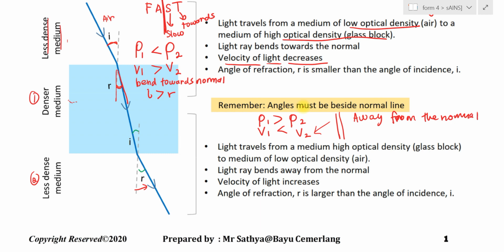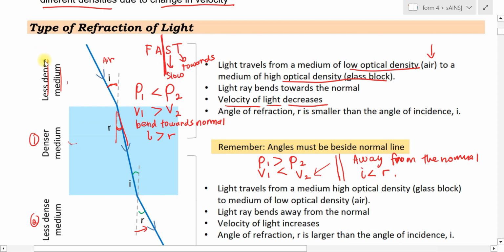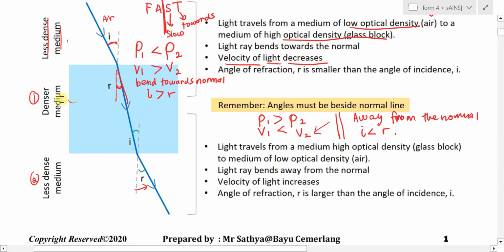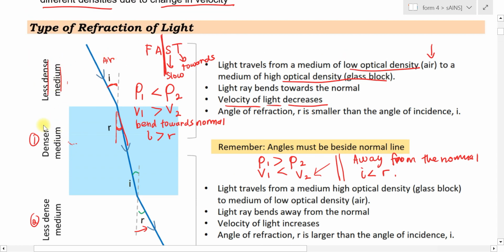And then, so your I is actually smaller than the R. Okay? Baik. So, kena ingat, if less dense going to denser, velocity decrease. Denser, dia pergi less dense. Tengok destinasi akhir dia. Kalau destinasi akhir dia denser medium, velocity dia kurang.